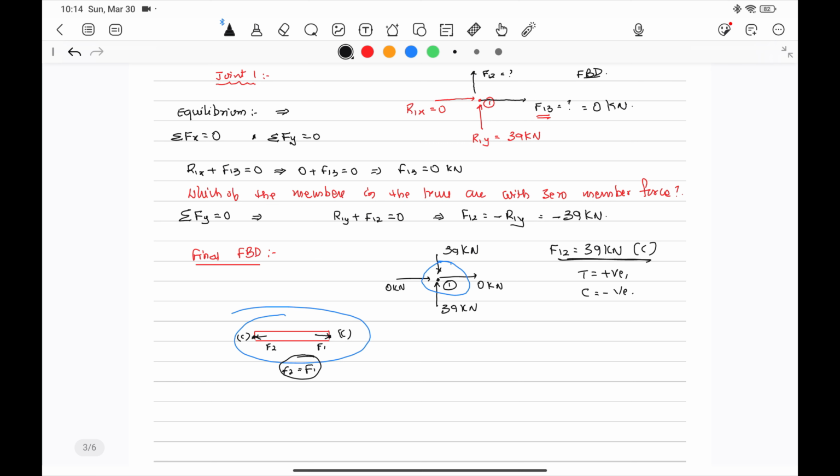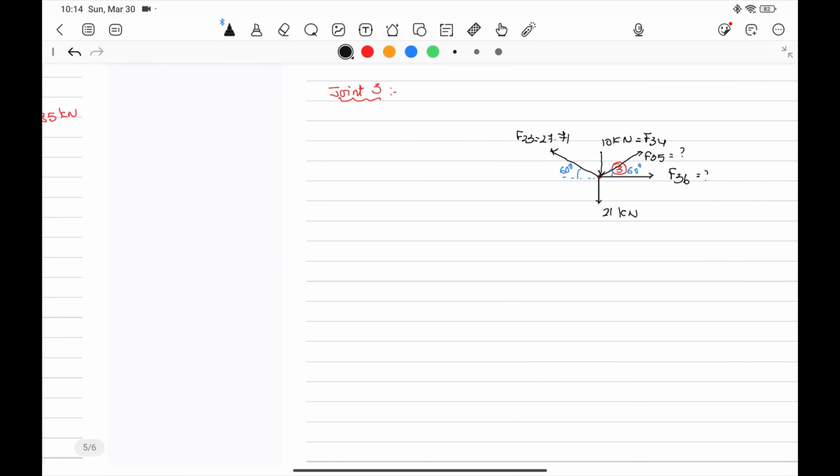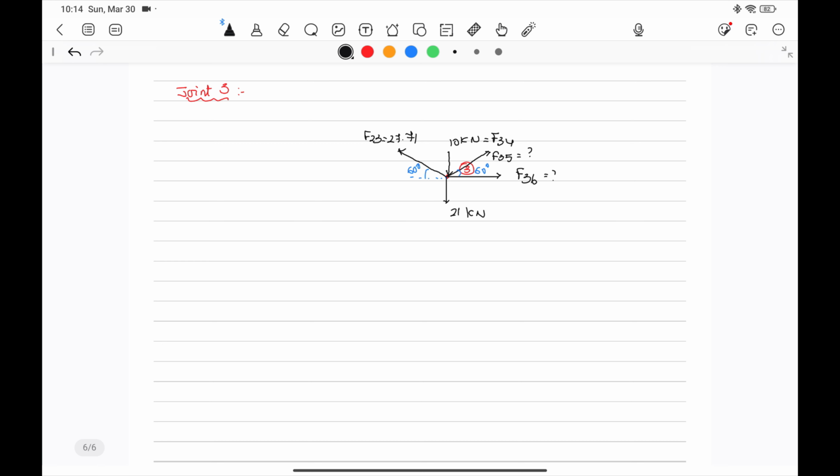F13 is 0. This is the member which is with 0. You assume any direction, no problem. F13 is equal to 0. That means how many members are there at this joint? 1, 2, 3, 4, 5 members. There should be 5 forces.